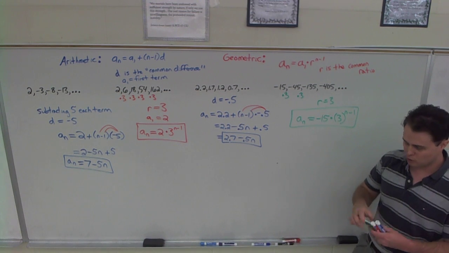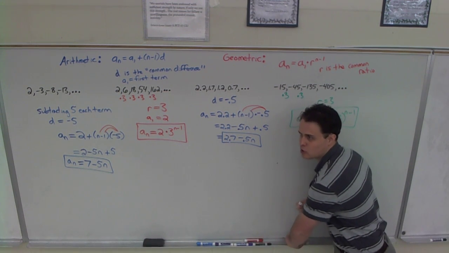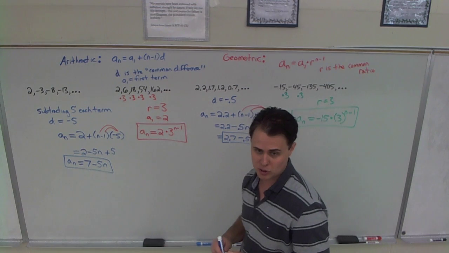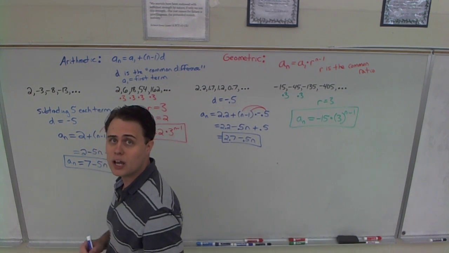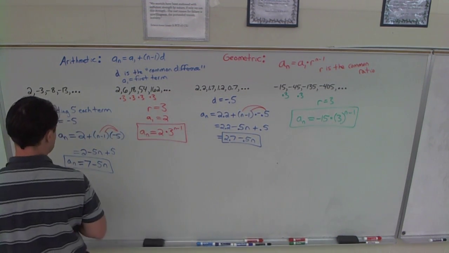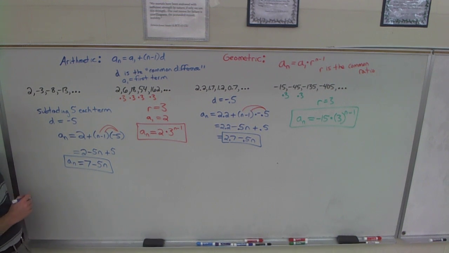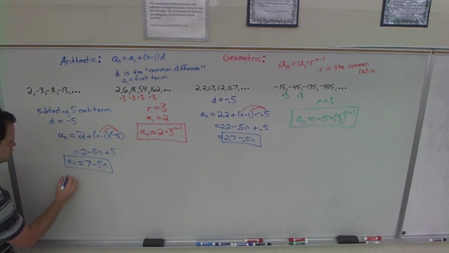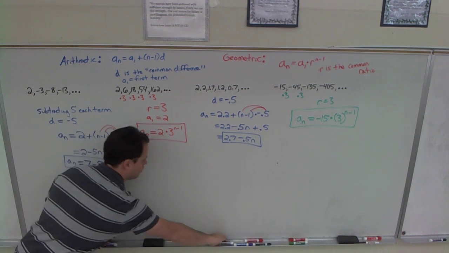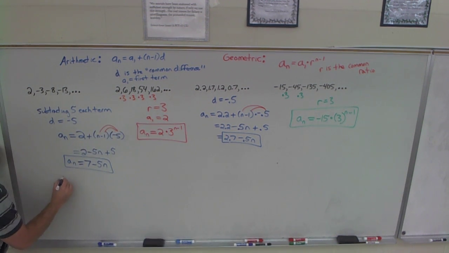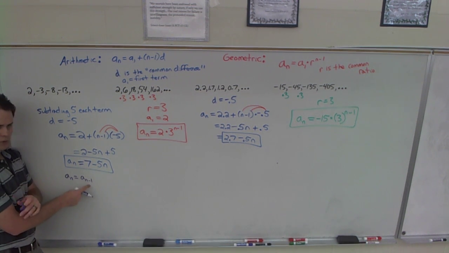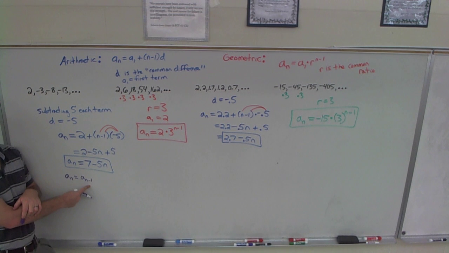Just for grins, let's also go over what you guys were a lot more comfortable with. Let's go over the recursive form on just a couple of these again, because I think your handout for day 9 is going to look like that. So let's see, this is the explicit form. What's happening each time? We're, again, subtracting 5. So the recursive form on these, I'm going to do them all in purple. So recursive on this one is going to be a sub n equals a sub n minus 1, the thing before, plus or minus something, and I do need you to write this the right way.